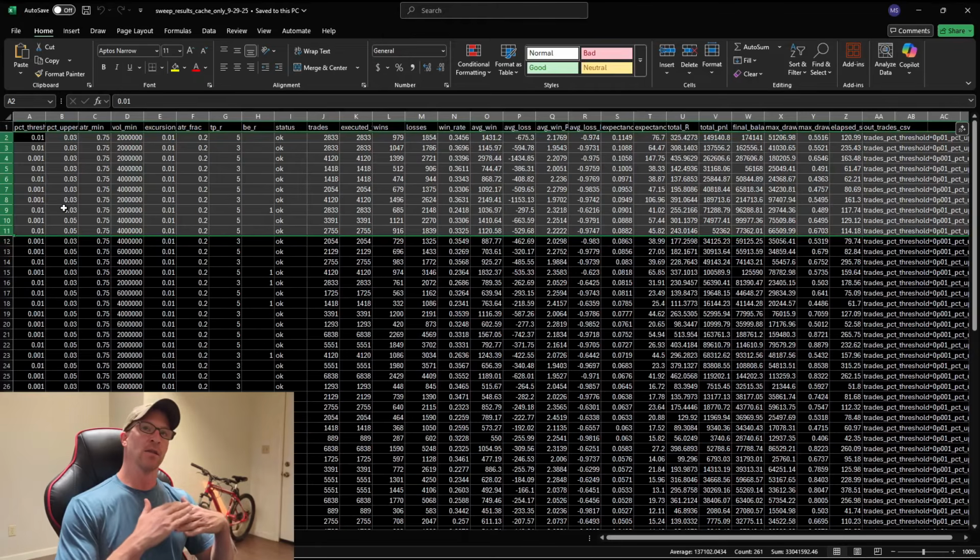Basically, I found that the farther you got away from the 50 moving average, the less successful this became. Which makes sense, because the farther you get away from a moving average like that, the more likely you are to start reverting to the mean. So if you make that downward move initially, it's not likely to go back up because it's reverting back to the mean.